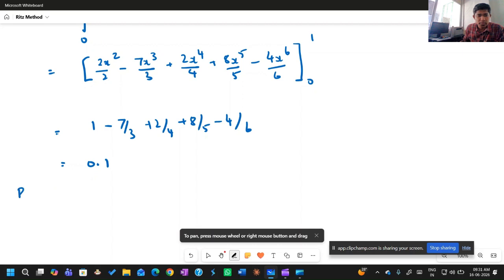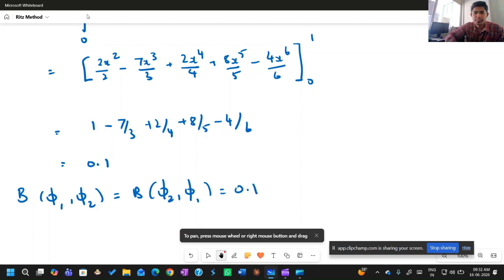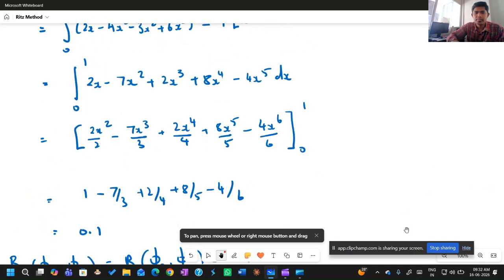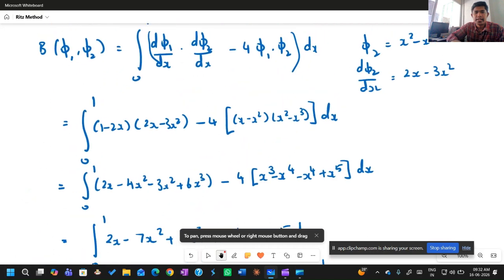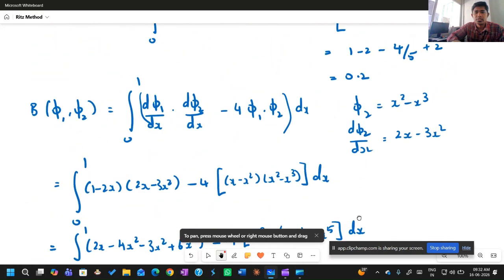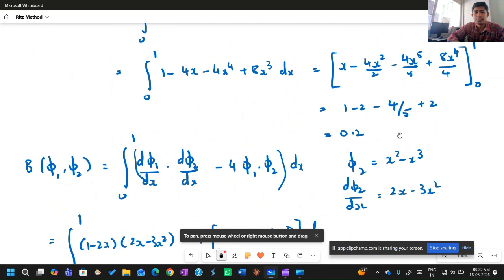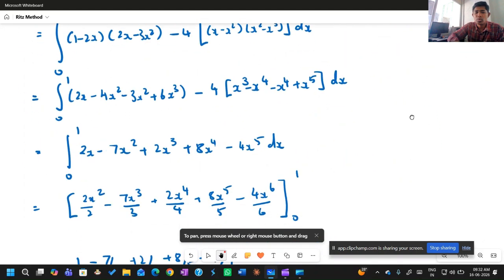Also, the bilinear function of pi1 comma pi2 is equal to the bilinear function of pi2 comma pi1, which is again equal to 0.1. Okay, now we can see the first term, pi1 comma pi1, is 0.2, and this is 0.1.